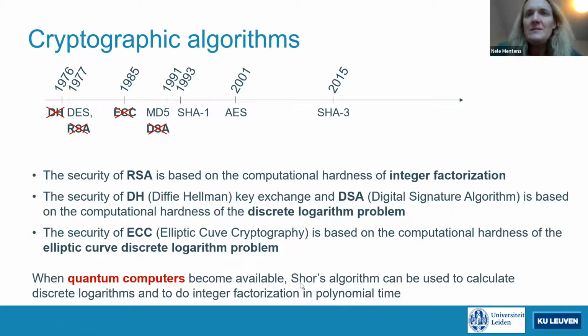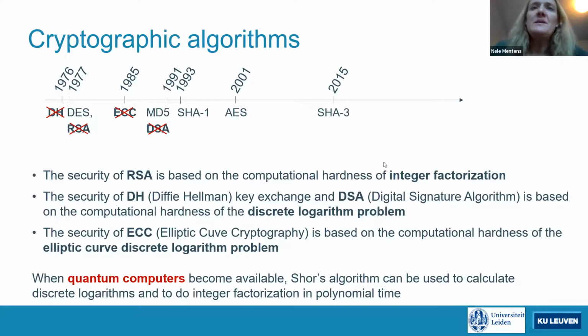But the problem here is that when quantum computers become available, Shor's algorithm can be used to calculate discrete logarithms and elliptic curve discrete logarithms, and to do integer factorization in polynomial time.